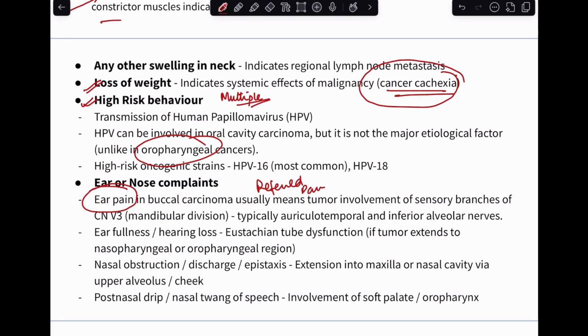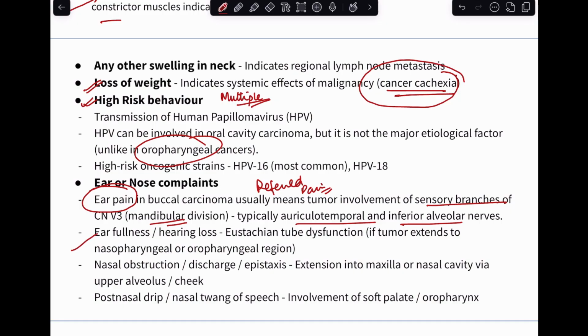Referred pain is when there is a common nerve supply, so the pain is referred from the primary area to another area. In this case, it is happening because of tumor involvement of the sensory branches of the mandibular division of the trigeminal nerve. Typically, the nerves involved here are the auriculotemporal and the inferior alveolar nerves. These are the reasons for referred pain to the ear in a case of buccal carcinoma.